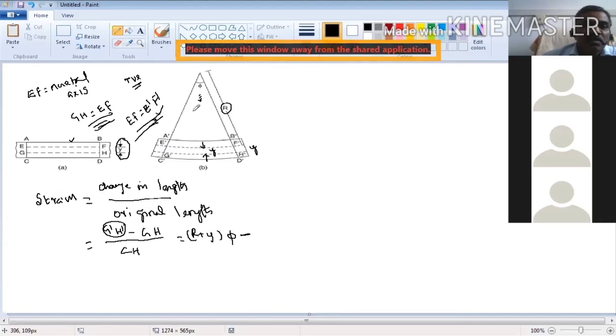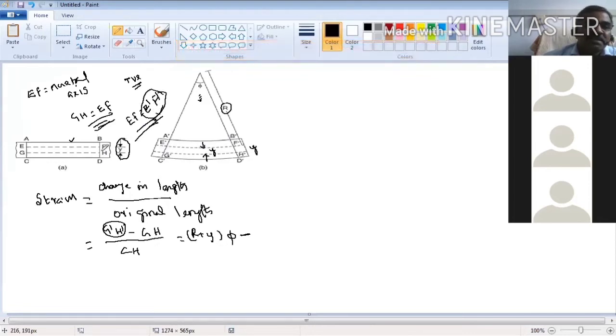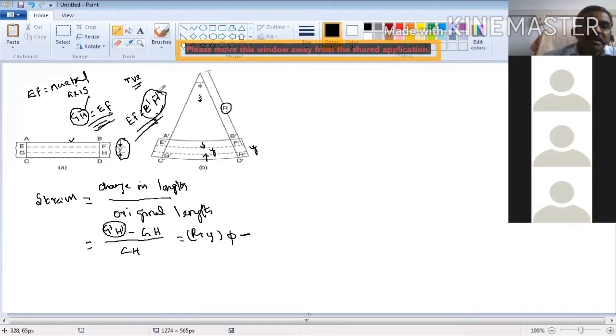Now GH is equal to EF, and EF is equal to E dash F dash. So E dash F dash is equal to GH. I want to find GH, but for that I'm going to substitute in terms of E dash F dash. How to find E dash F dash? In this diagram it is R into phi.